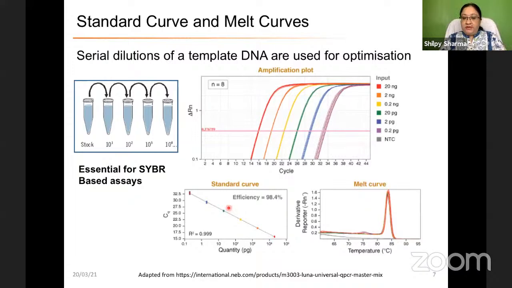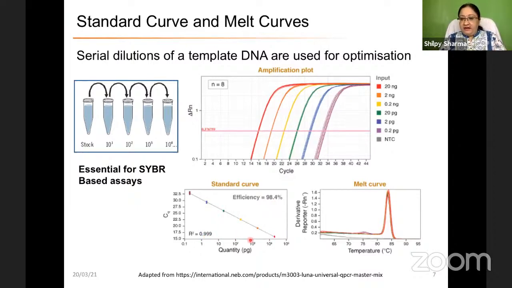You can do your reactions in the linear range, the exponential range. So if you see the curve declining like this, or declining like that, you don't work in those concentrations. I would basically choose 0.2 to 20 picograms here, because this is your linear range, right? And the efficiency of the reaction is very good. The R-square values are very good. So I will go with this.